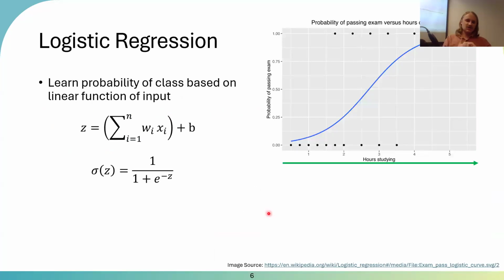But then we can extend it to logistic regression, which somewhat confusingly is not actually used primarily for regression tasks, but for classification tasks. The way this works is we're performing a similar function where we're seeking the weights and the bias that we need. This W represents the weights that we're associating with our inputs X, and then we have some additional bias that we're trying to learn.